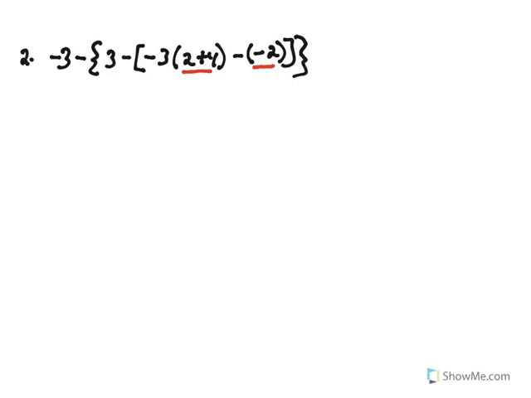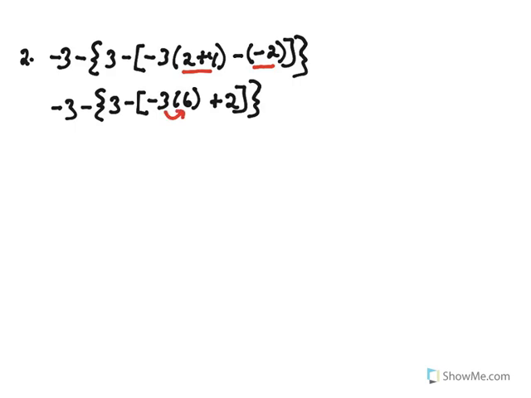We're going to work from the most inner set of parentheses, and we're going to work our way out, all right? So here we have minus 3 minus, open parenthesis, 3, open bracket. Now 2 plus 4 is going to be 6. And then a negative times a negative 2 is a plus 2. So we can get rid of that set of parentheses. And then now just continue working outward.